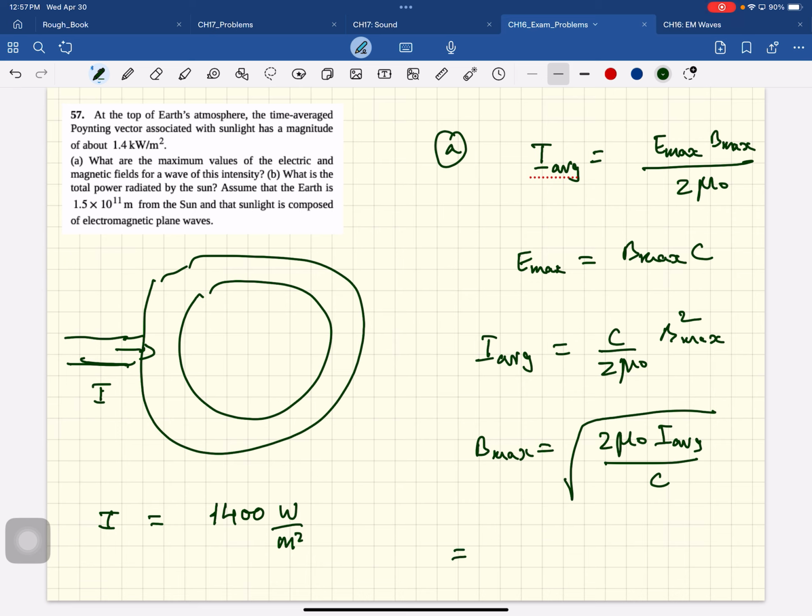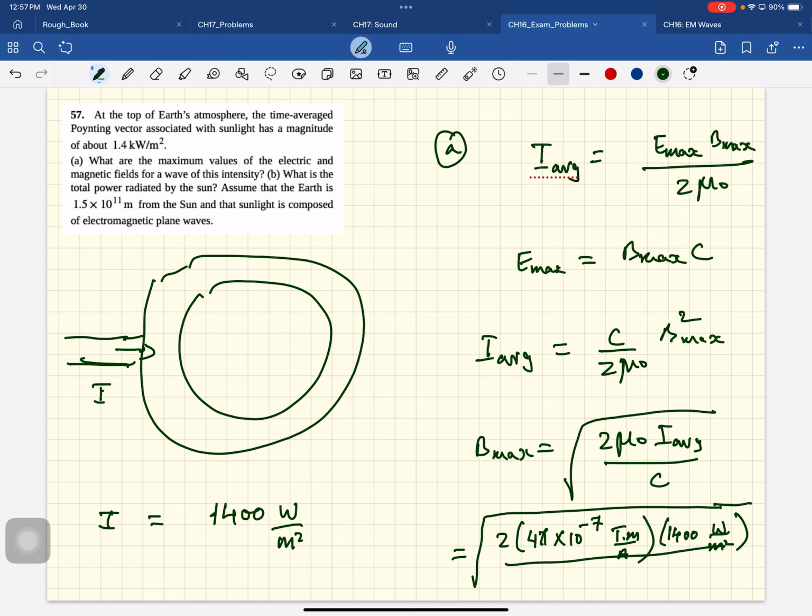All right, so this is square root of 2 mu naught, which is 4 pi times 10 to the minus 7 Tesla meter per amp. The intensity is 1400 watts per meter square.